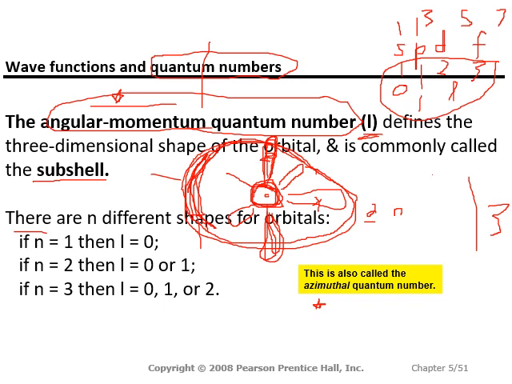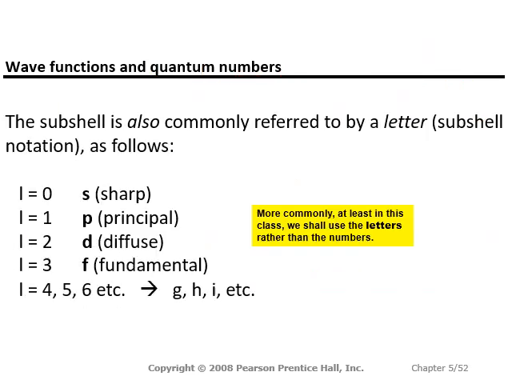It's easier if you look at the slide. So we just mentioned this. If the L number is 0, we said that 0 corresponds to S. And if you want, you can try to remember spherical S. P, if you want to try to remember peanut, even though it doesn't look exactly like a peanut. Some peanuts might look kind of like it.